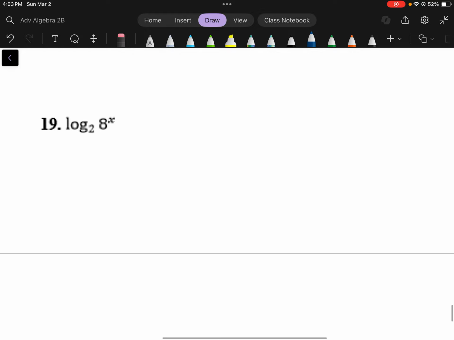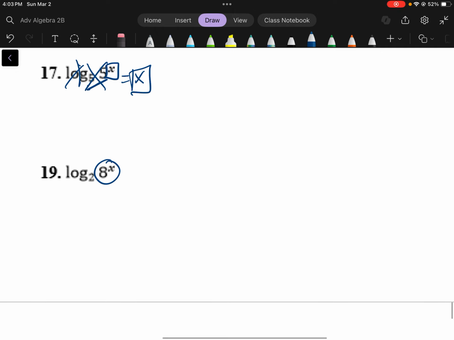Okay, and then finally 19. We have one more example where we need to change, and we're going to rewrite 8 to the x as this property actually up here on 17 that we just talked about. Well, I can rewrite 8 as, and I want the base to be 2, and 2 to the third is the same thing.